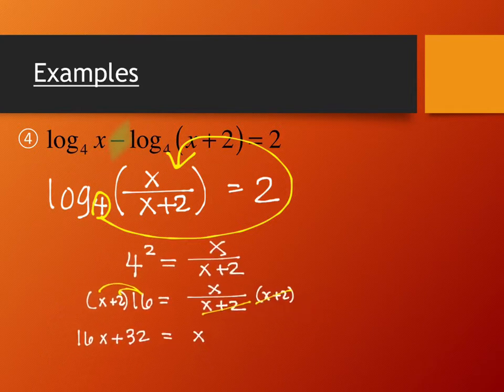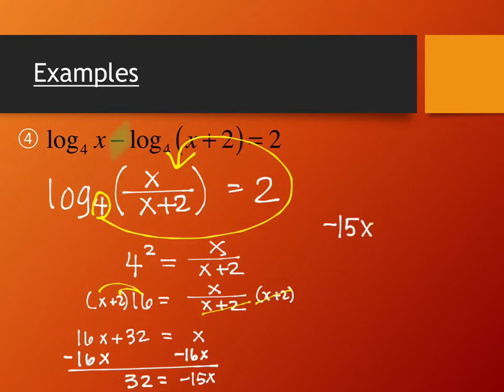Subtract 32. We could subtract the 32. I think it might be easier to subtract the 16x because the x is already on the other side. But yeah, we're going to collect like terms in some fashion. We need to move things around so that the x's are on one side and the constants are on the other. So what is x minus 16x? Negative 15x. Now what?